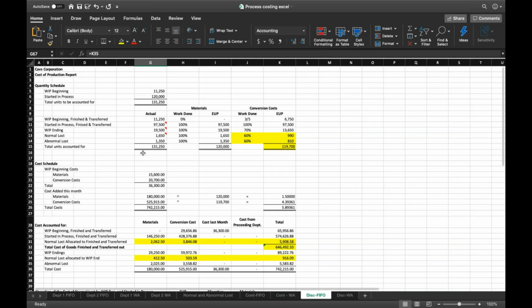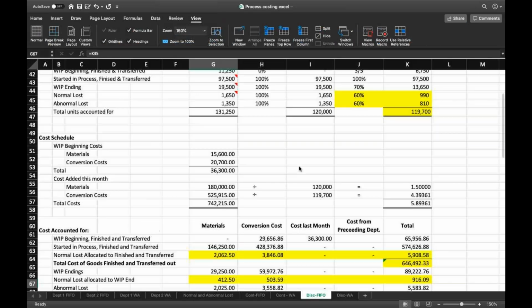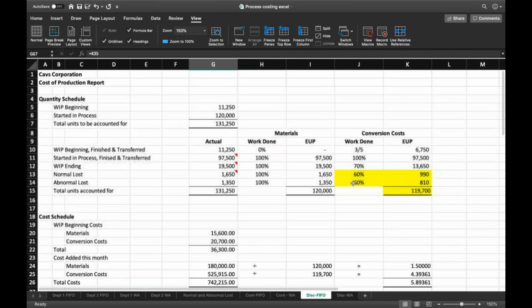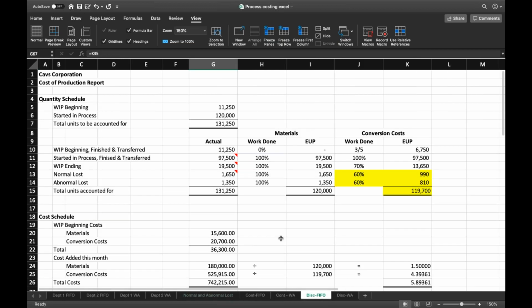Discrete FIFO. Okay, sa discrete, sa given natin, the inspection point is at 60% of the process. Okay? 60% of the process. So under FIFO, we'll just have to account separately the work in process beginning.